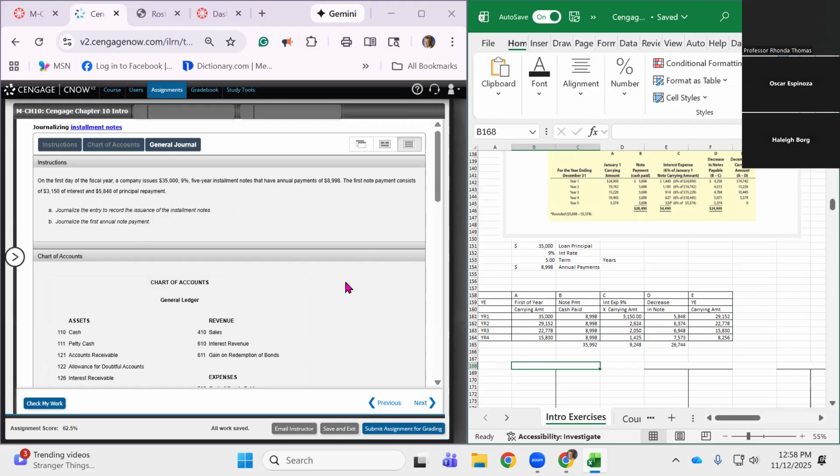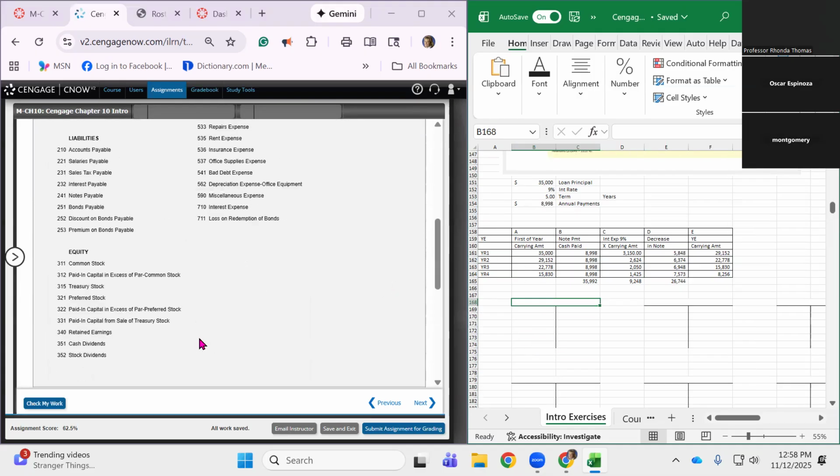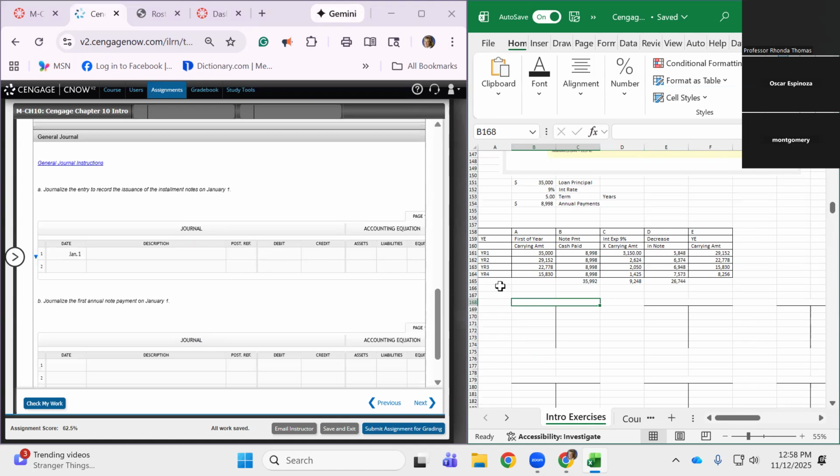So I'm assuming that we got cash. So cash is going to go up by the amount of $35,000, and we're going to create a notes payable.